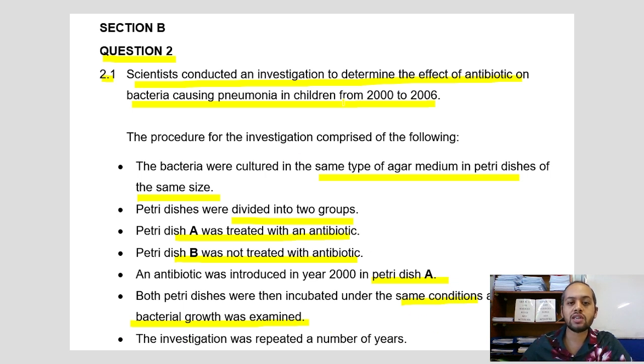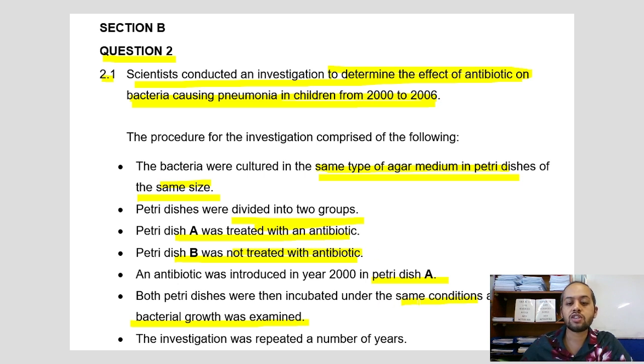So as you can see here, the ultimate aim of this investigation is to determine the effect of antibiotic on bacteria causing pneumonia in children from 2000 to 2006. They use the same type of agar medium in petri dishes of the same size. You had petri dish A that was treated with antibiotic, but petri dish B was not treated with antibiotic.